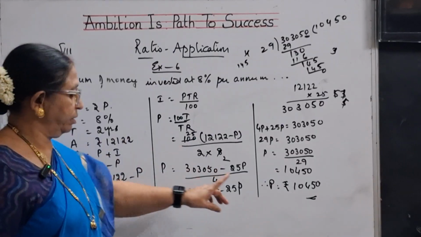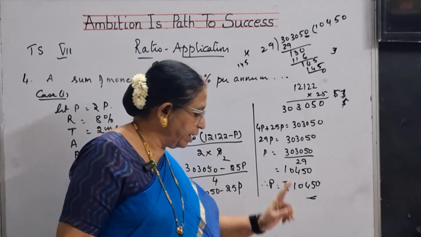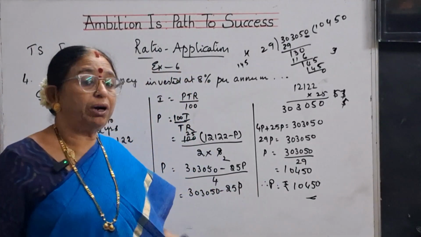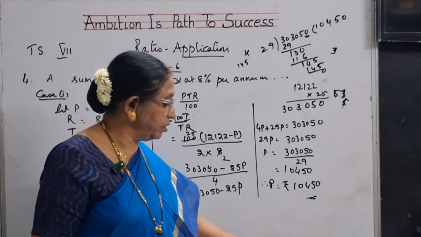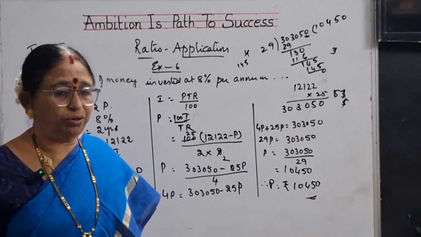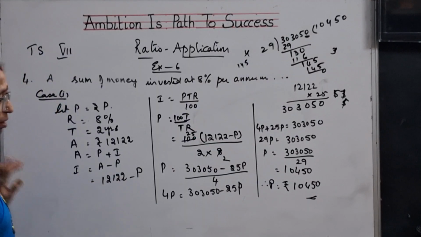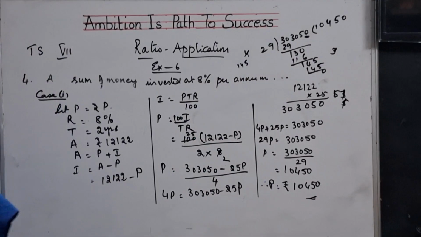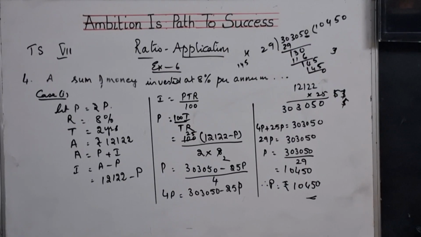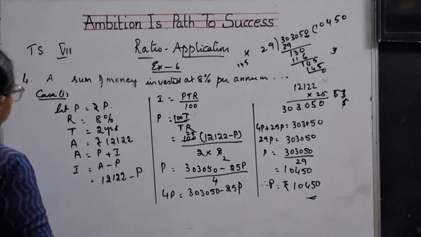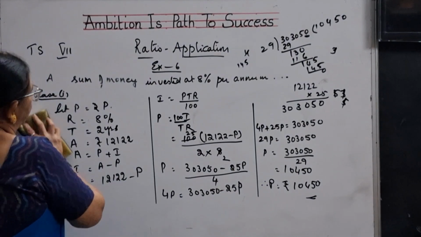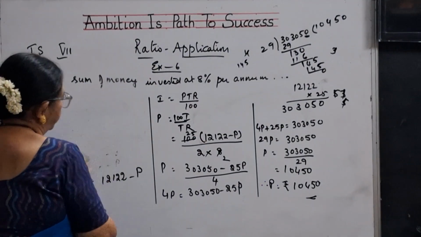Now this principal, for 9% rate for time 2 years 8 months, how much is the amount we have to calculate? I have no space, children, so please copy this case 1, then I will do case 2. Now let me write the values here, then I can rub the other part.